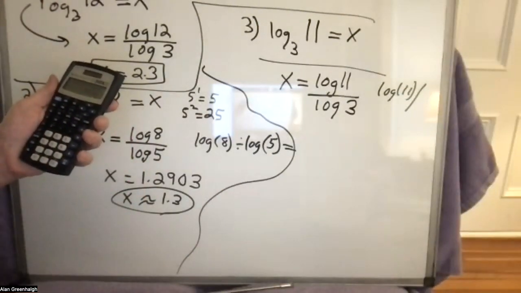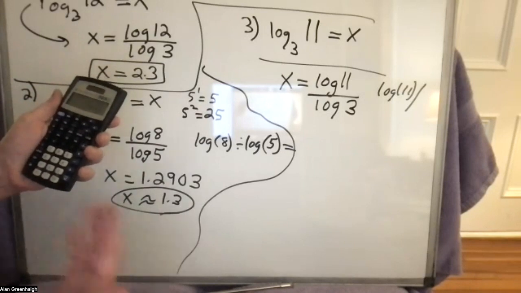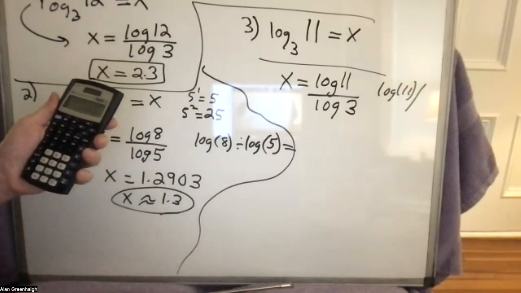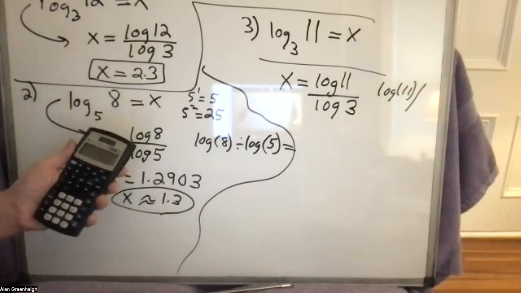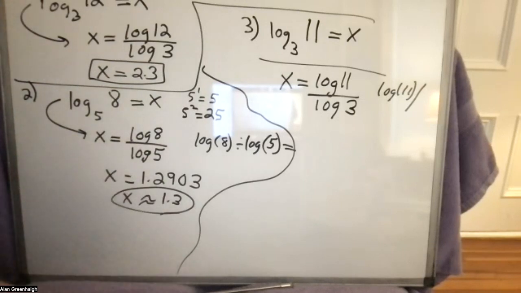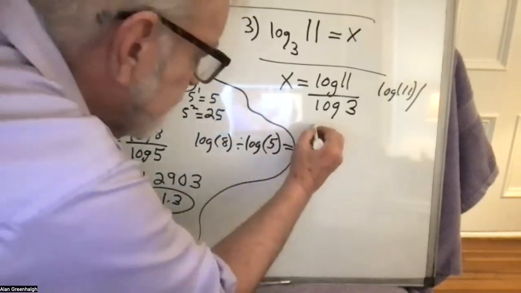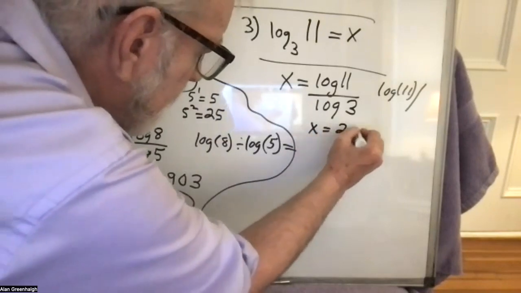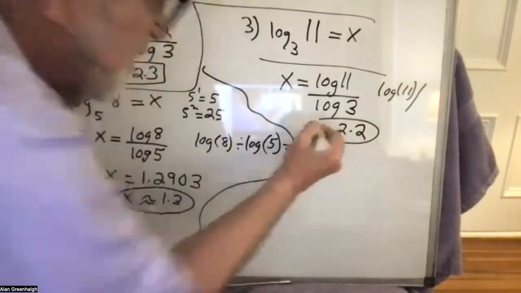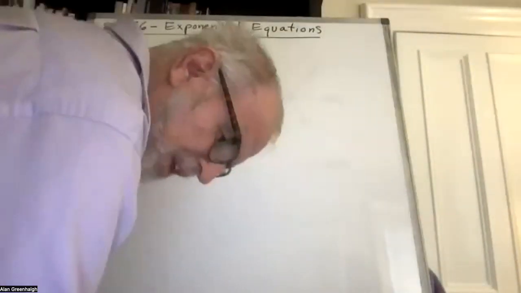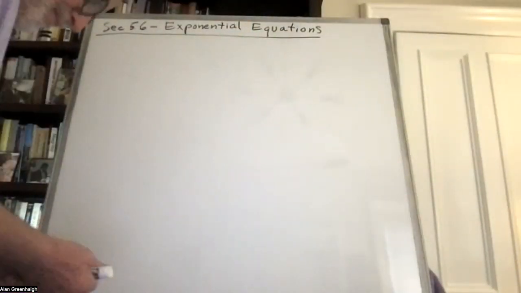And the answer is 2.18. To round it off, the nearest tenth is good enough. So 2.18, 2.2. And that's the answer.